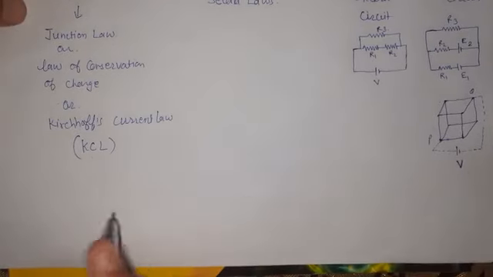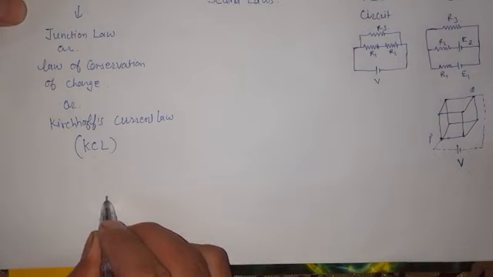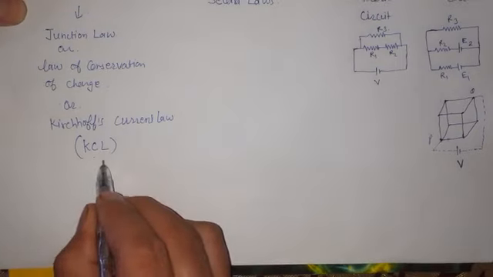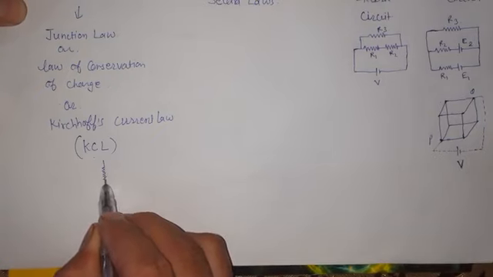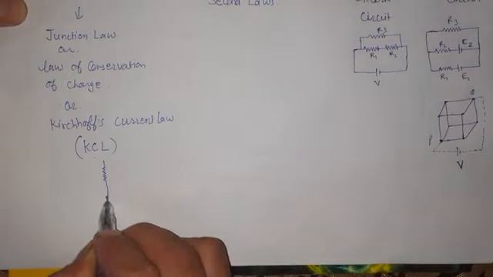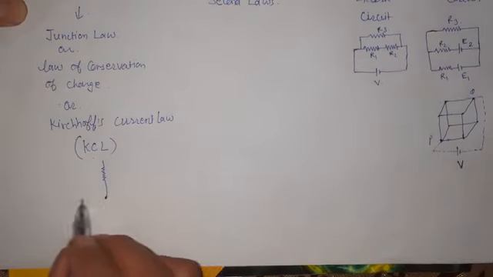Let us suppose here is a point where different wires are connected. This is a wire which has some resistance, and its end is connected here.